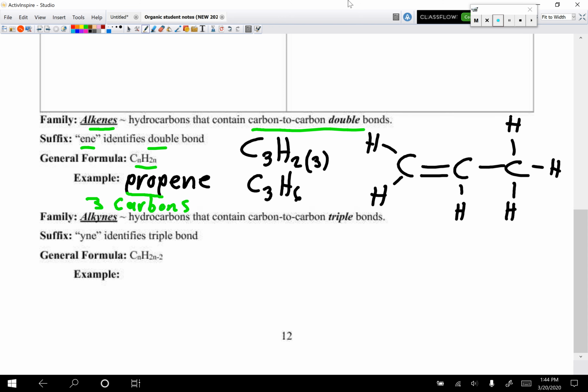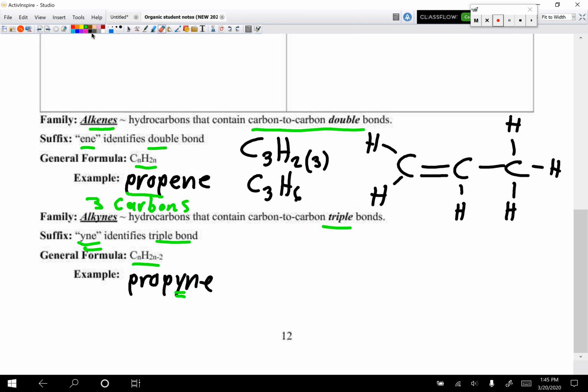Now for our alkynes, we're going to see a triple bond. So yne signifies a triple bond, and the general formula is CnH2n minus 2. So if we did our propyne, just pay attention to the ending, the yne, prop is still 3 carbons.